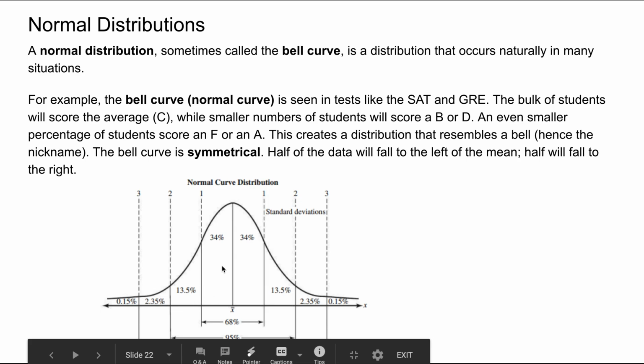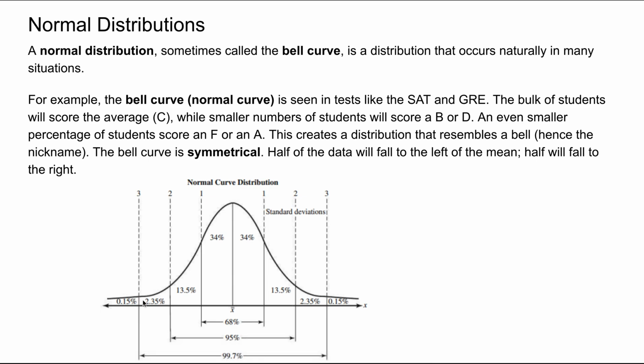Within three standard deviations, all of these values together should be more than 95, right? The number is 99.7%. So 99.7% are within three standard deviations. These percentages represent approximations of the total percent of area, which is 100%, under the curve.